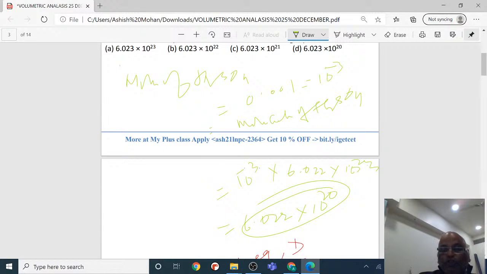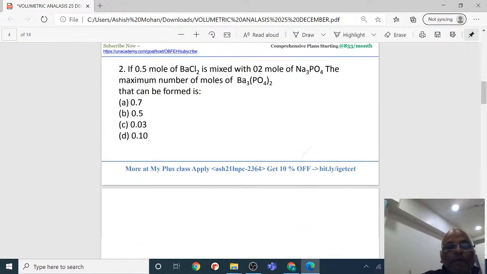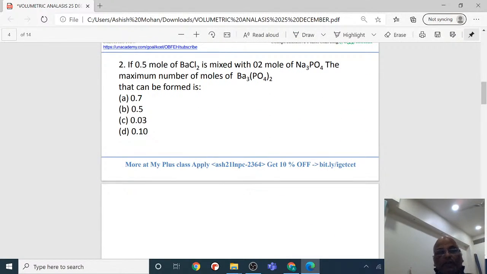Now, next question. If 0.5 moles of BaCl2 is mixed with 0.2 moles of Na3PO4, the maximum number of moles of Ba3(PO4)2 that can be formed is. I give you two minutes time.